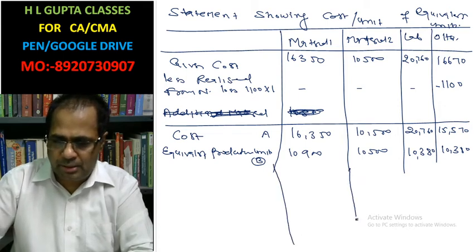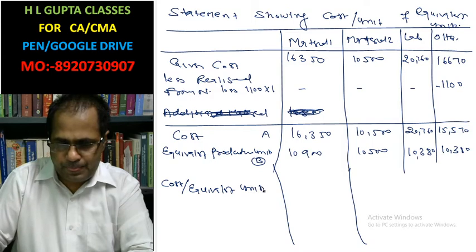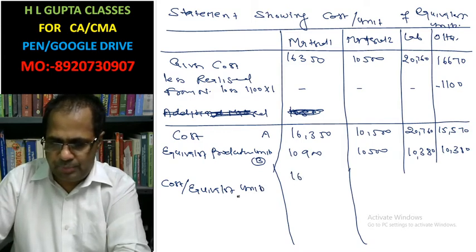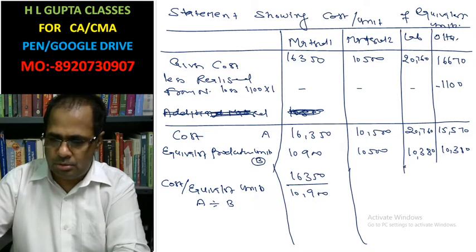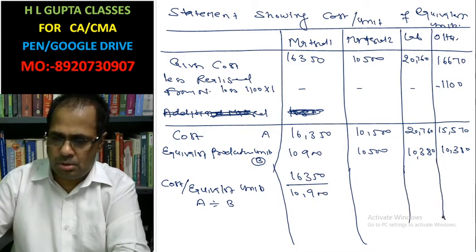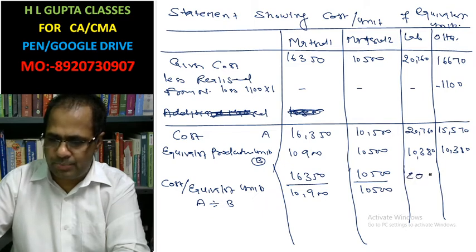Cost per equivalent unit: 16,000, A divided by B. 16,350 divided by 10,900, 10,500 divided by 10,500, 20,760 divided by 10,380, 15,570 divided by 10,380.